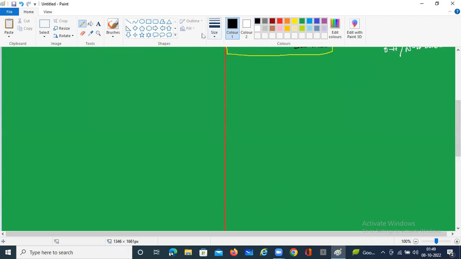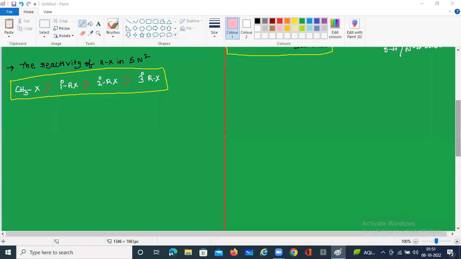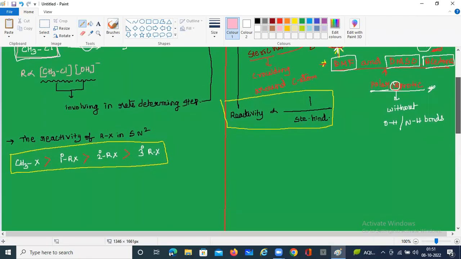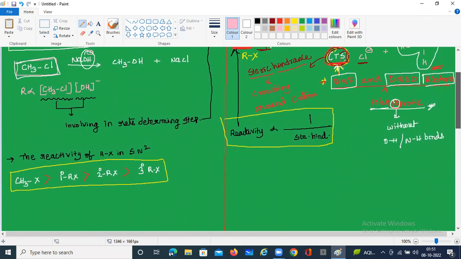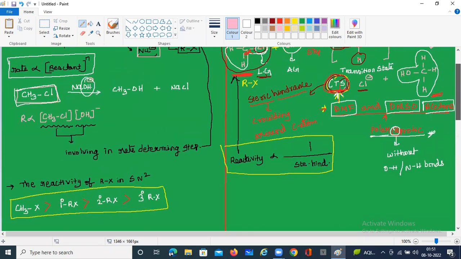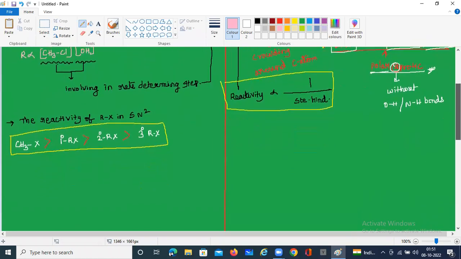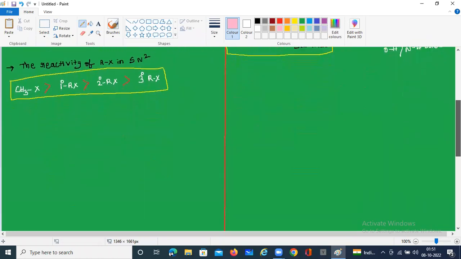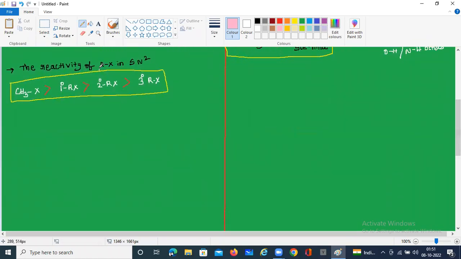Okay, beta, so the reactivity is inversely proportional to steric hindrance. We learned one important point. Next, the reactivity of RX. RX stands for alkyl halides. In SN2, the order is like this.